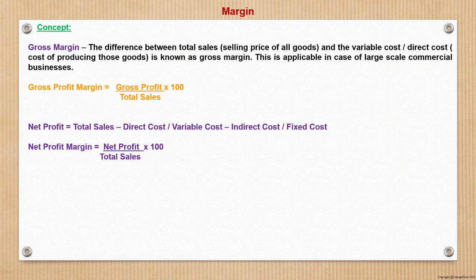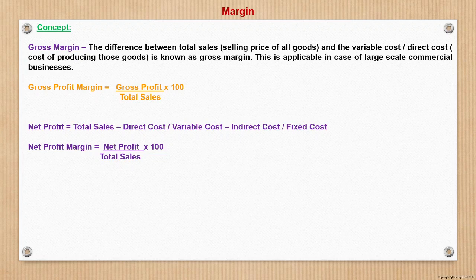Now let us move to another concept which is called margin. So far we have seen what is profit percent or loss percent, what is cost price, selling price. In terms of profit or loss percent, we knew that it is calculated as a percentage of cost price.